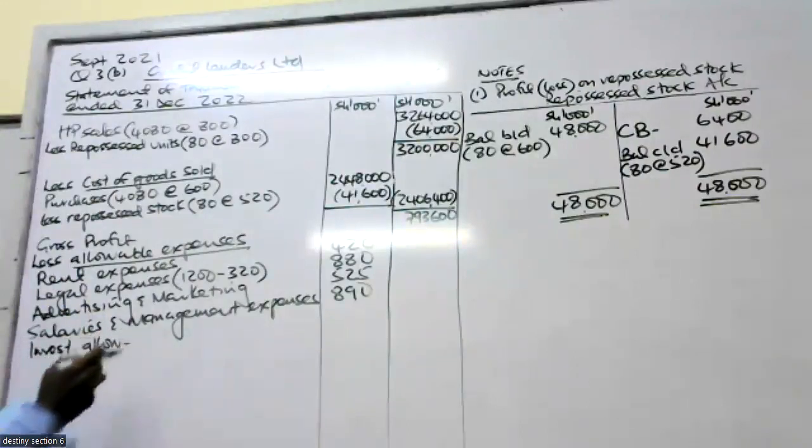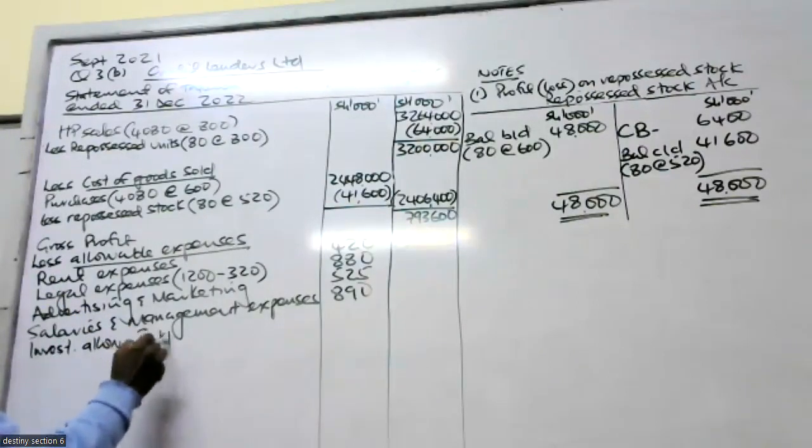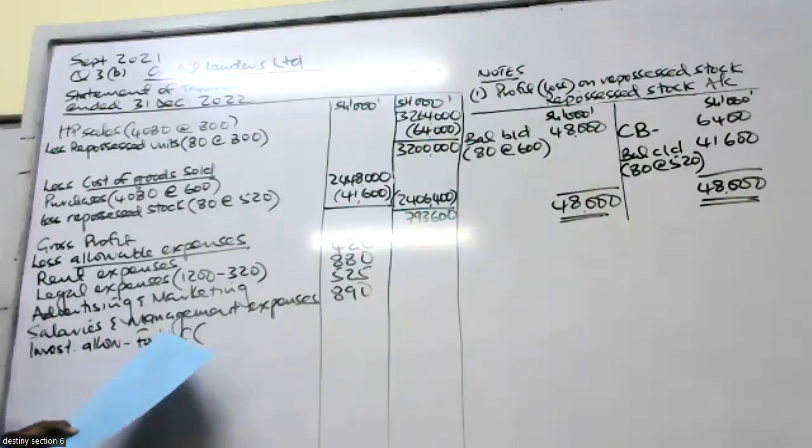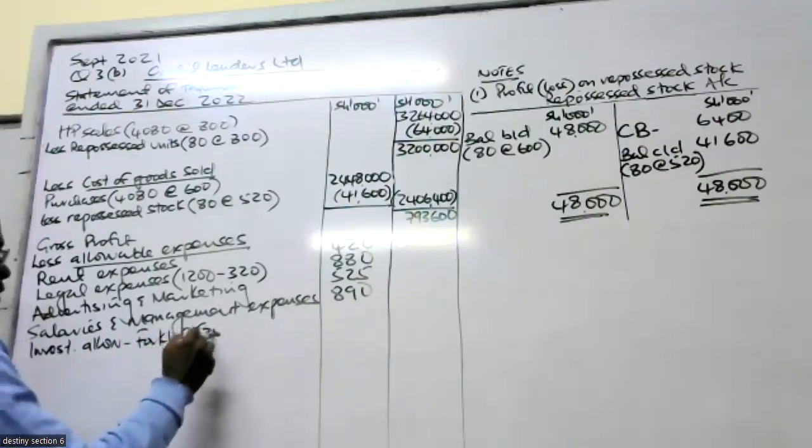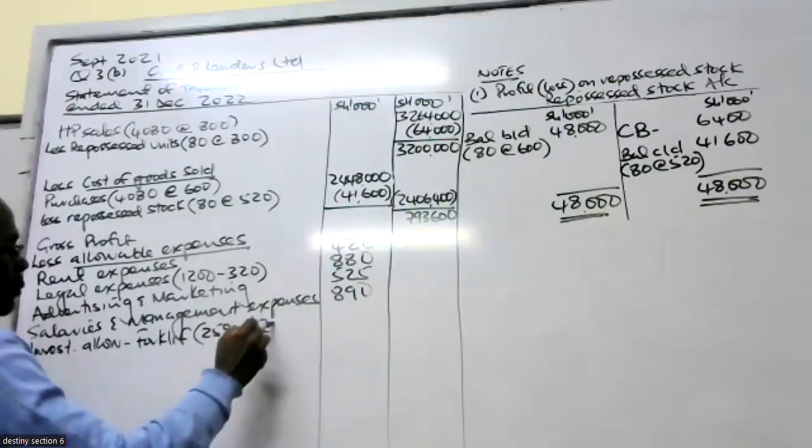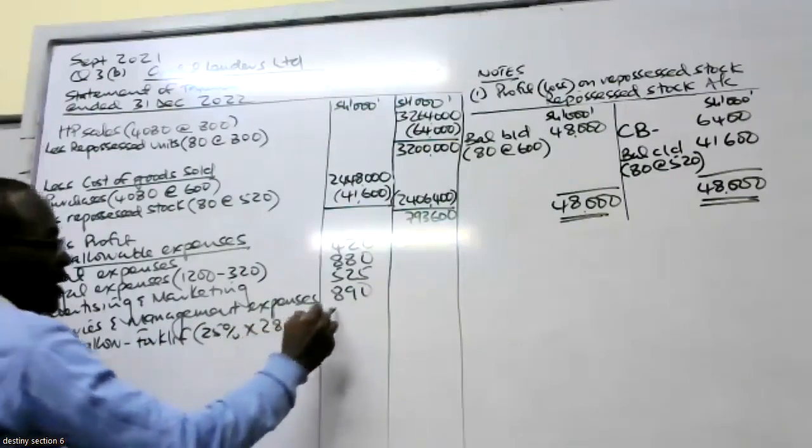So these are mobile forklifts, which come under the category of motor vehicles, so we get 25% of 2.8, which is 700.